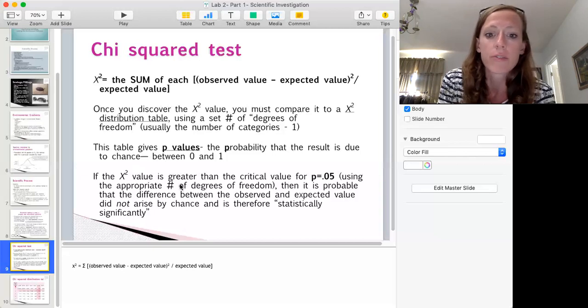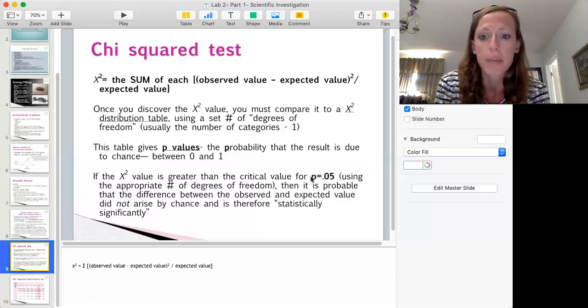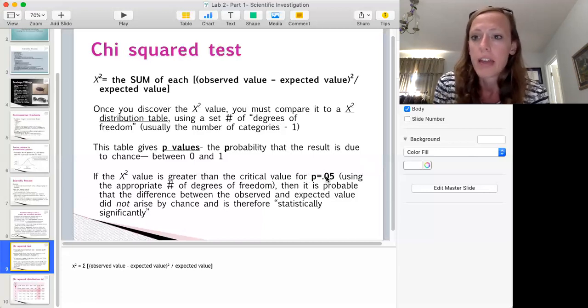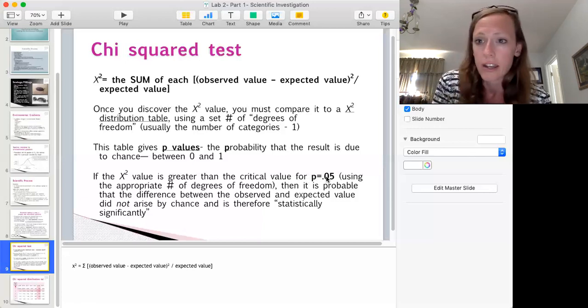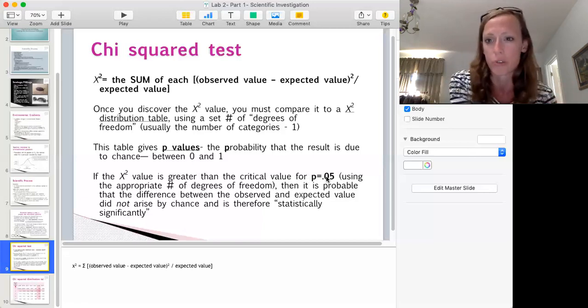And if it is greater than the critical value for p equals 0.05, that probability of 0.05 means that only 5% of the time would we see that result due to chance.